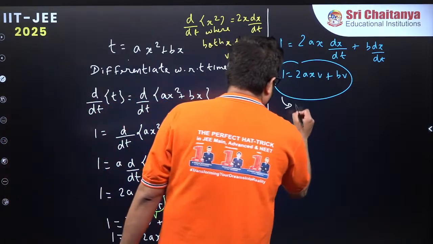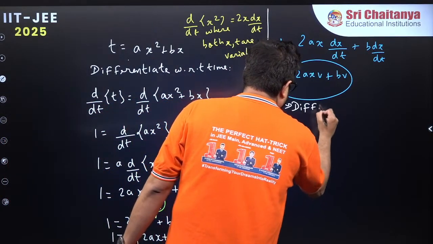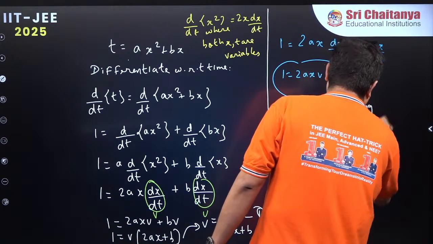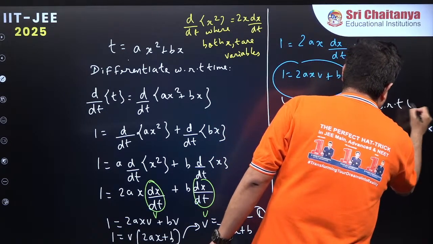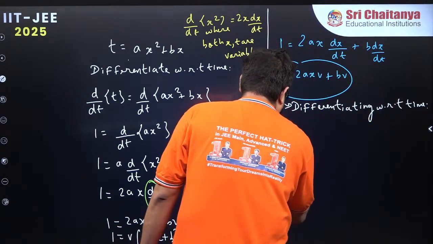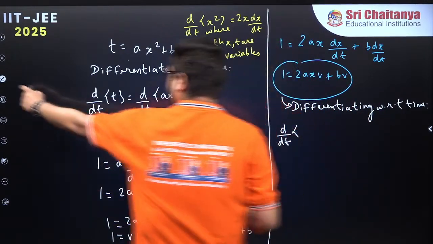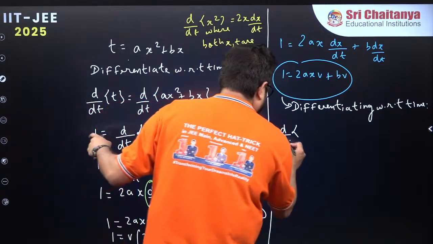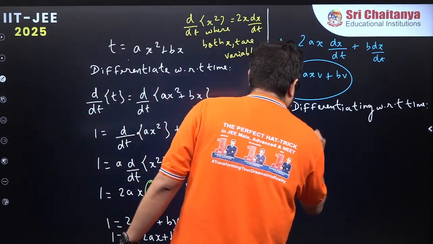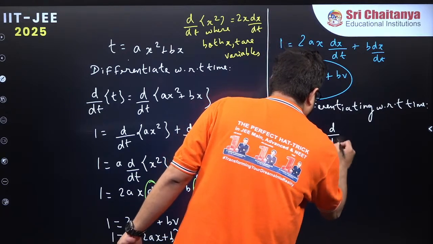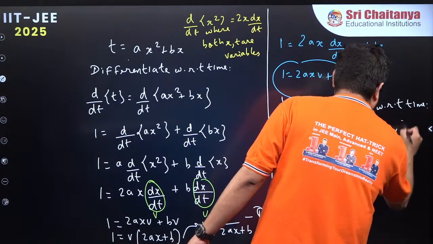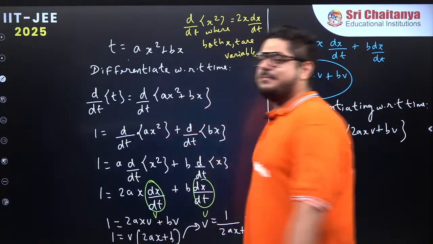Differentiating with respect to time once again, I will be getting d by dt of 1 on the LHS, isn't it? d by dt of 1 is going to be equivalent to d by dt of 2axv plus bv, isn't it? So what is d by dt of 1?